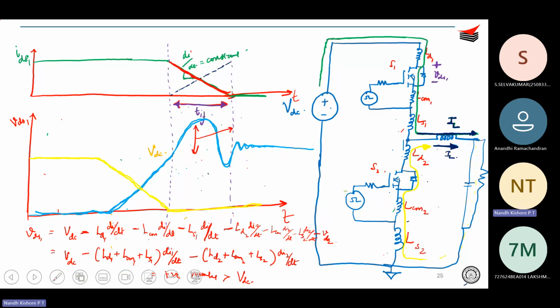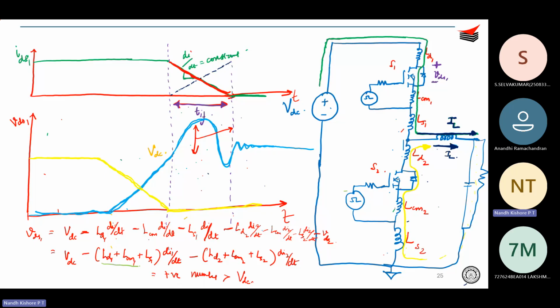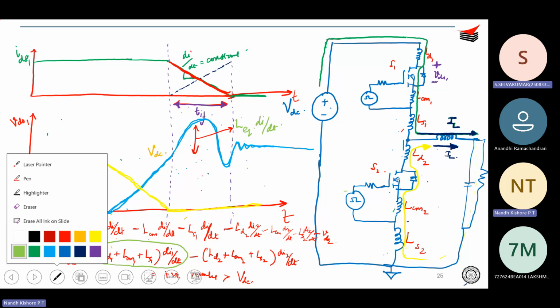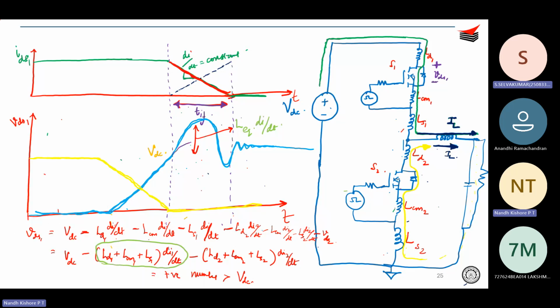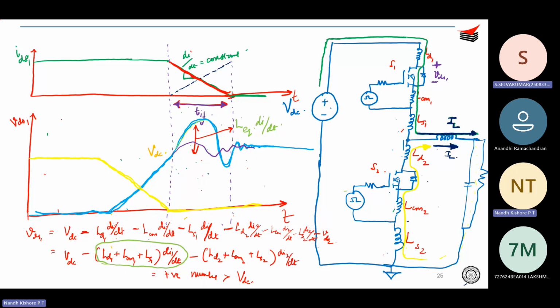It is due to this L equivalent into di by dt component. Your di by dt is negative, therefore it's a positive jump. Negative of negative is positive. So the more the parasitic inductance, the more will be this overshoot. If you design it properly, the overshoot will be lesser. But if you don't design the power loop properly, you're going to see something like this.